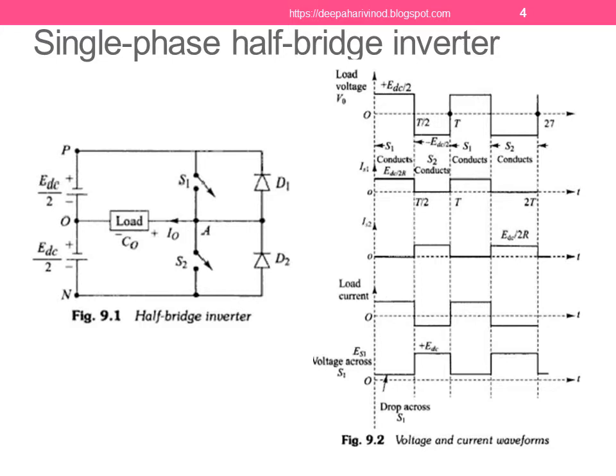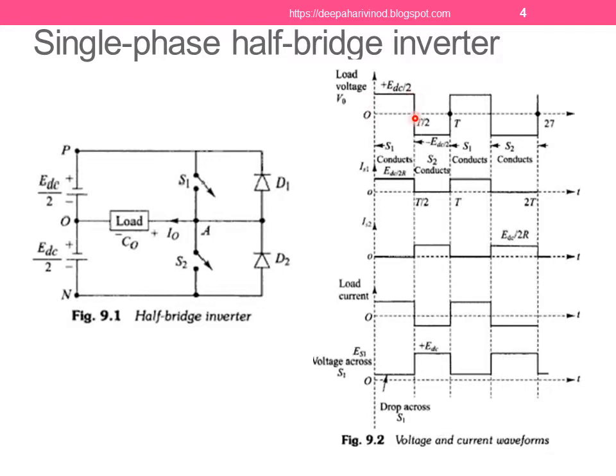Now we will discuss the R load. Operation is divided into two periods. Period 1 is when S1 is conducting, from 0 to T by 2. This is one complete time period, and it is divided into two periods.